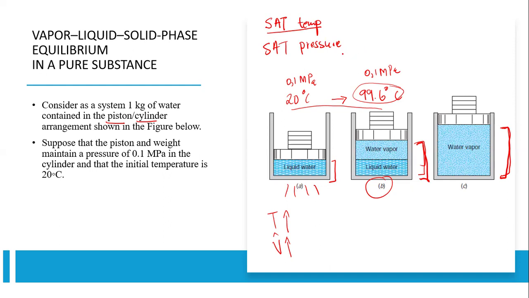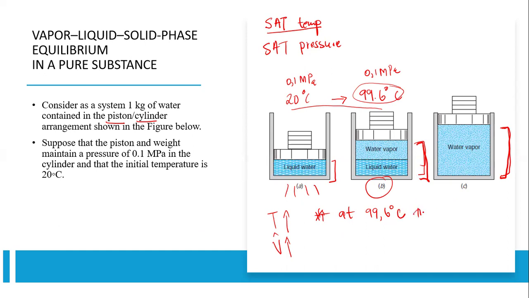Okay, so how do we do that? Now, this is what I want you to understand. We have water, right? And then I want us to talk about the saturation temperature. So meaning water at saturation temperature, I'll just say water at 99.6 degrees Celsius, right?